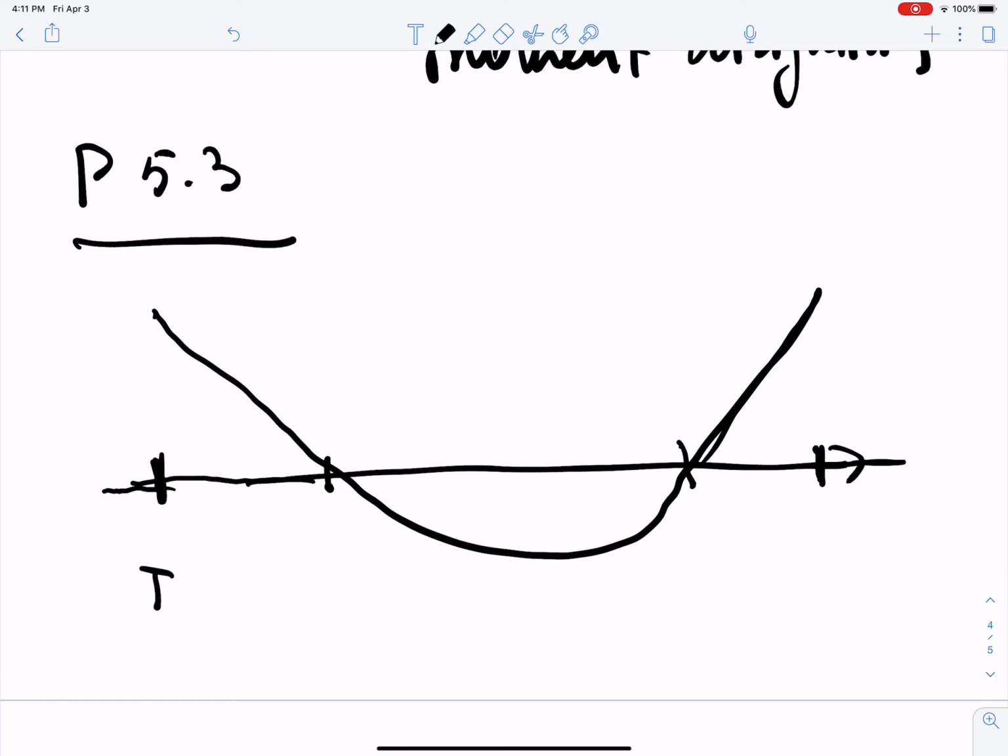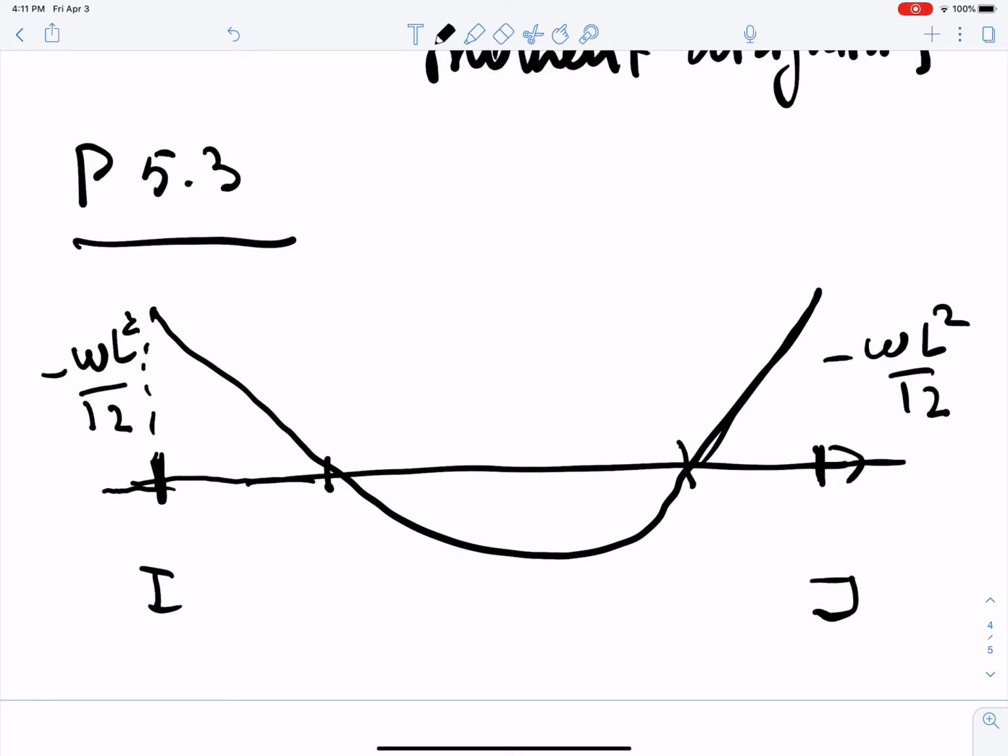This is I. This is J. The value here is minus W L squared over 12, minus W L squared over 12. And at the apex, this reaches the value of W L squared over 24.